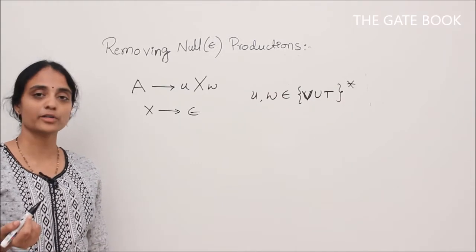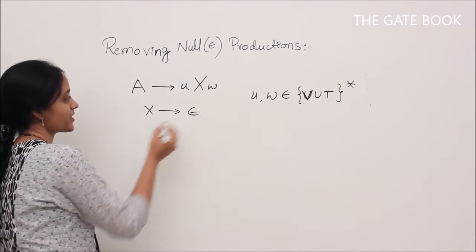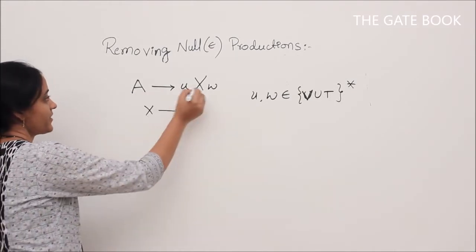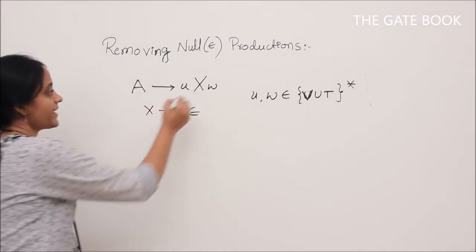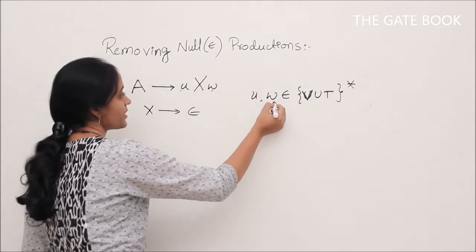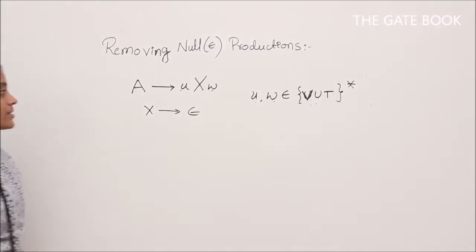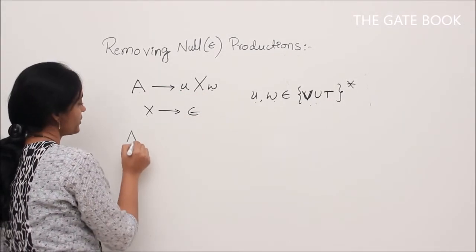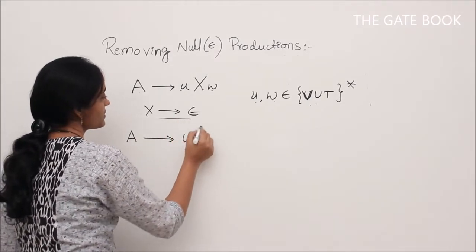Now we will see how to remove epsilon productions from a given grammar. So if there is an epsilon production like this and that variable is coming on the right hand side of some other productions, and it can have anything before that variable or after that variable, U and W are nothing but anything from variable or terminal set. So then what we should do is to remove this production, we should rewrite all these productions.